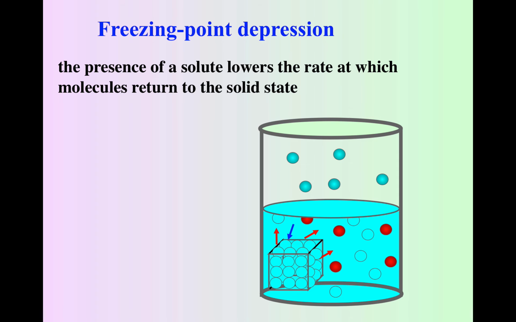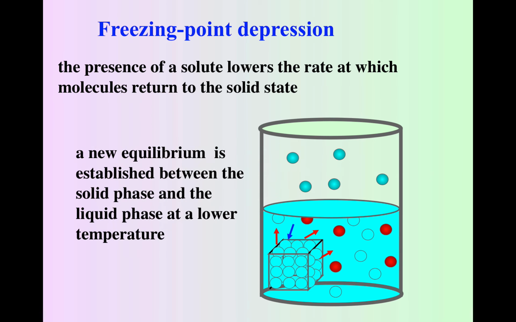So again, you're interfering with the ability of the liquid particles to go into the solid phase, but you're not interfering with the solid phase going to the liquid phase. So you establish a new freezing point at a lower temperature. If you want the particles to go into the solid phase, you have to get them colder now.